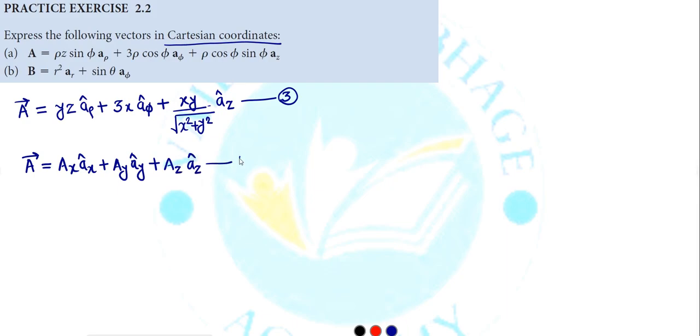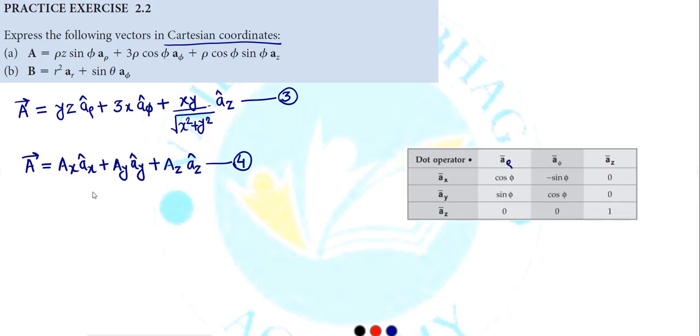I am going to assign this to be equation 4. Now for your reference, I am going to put the conversion table so that it will be quite easier for you.